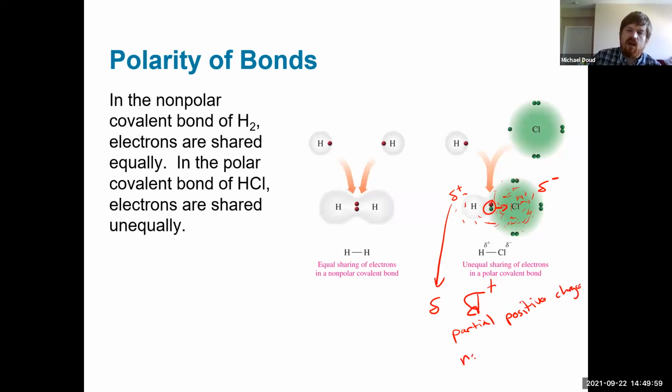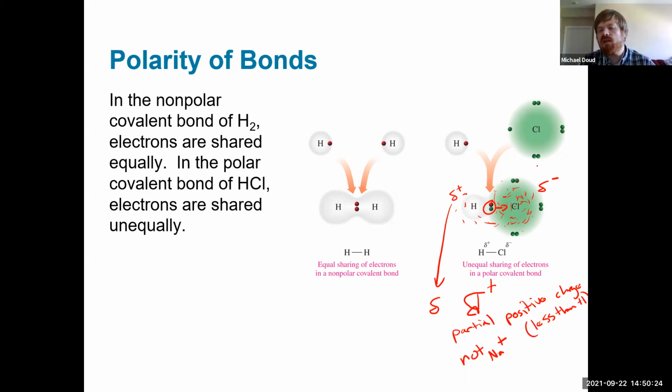So note, it's not like the plus in sodium ion. The sodium ion is missing an electron. It straight up has a full positive charge. This is less than one positive charge. Okay, same thing over here.